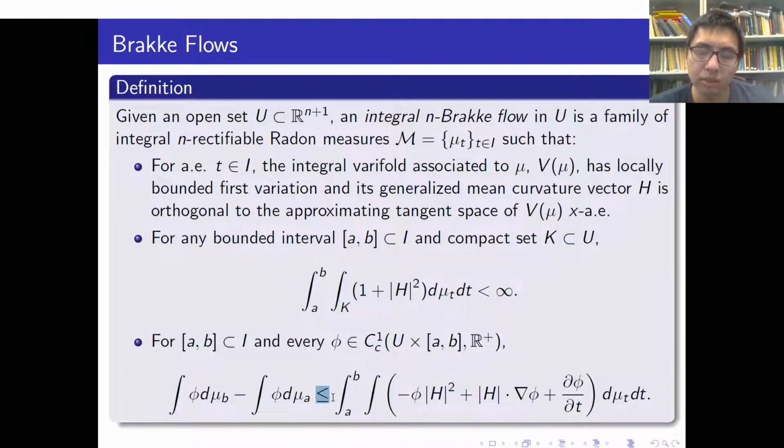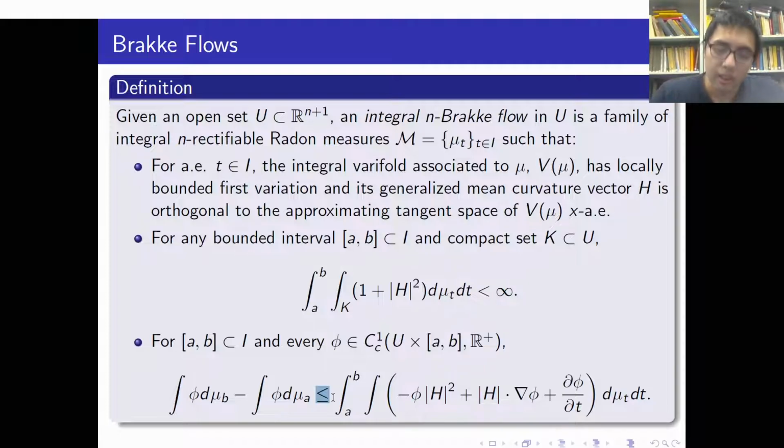So I need the inequality to get more interesting flows of singular sets out of this. Indeed, Brakke flow is a more general notion of mean curvature flow, and there are flows that cannot be described as mean curvature flow, but can be made sense of using Brakke flows.